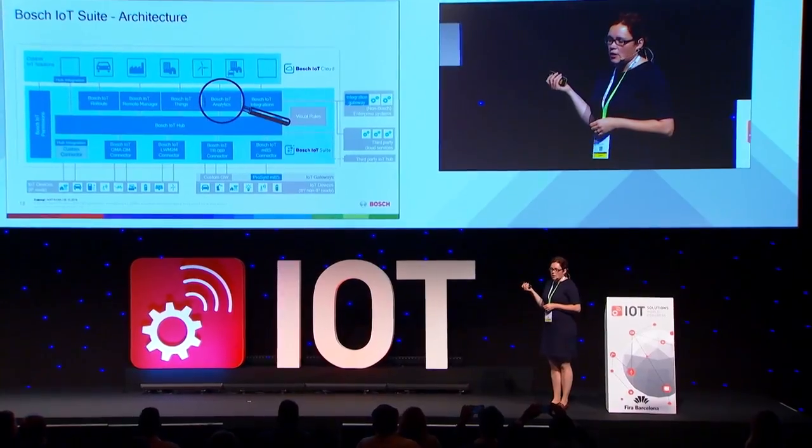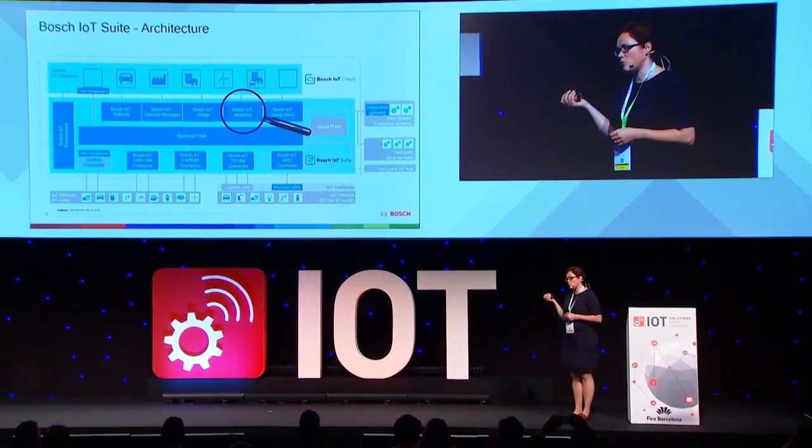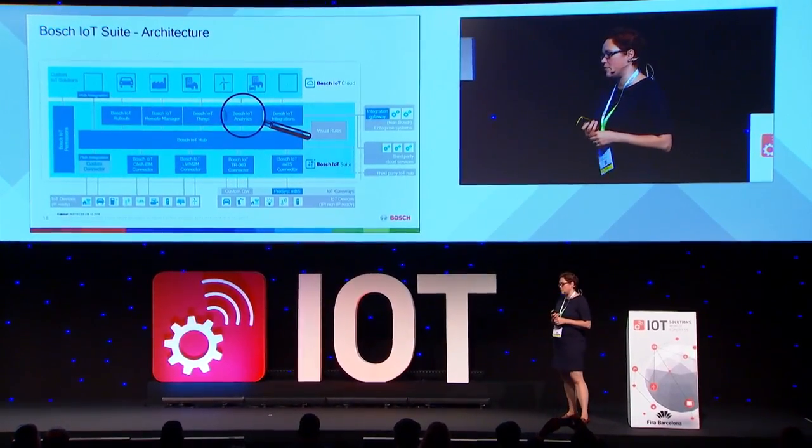So, how is this embedded? This is the overall architecture of the Bosch IoT Suite, and this also depicts some of the pieces of the Bosch IoT cloud. The service that I've just shown you is a part of this Bosch IoT Analytics service family. This is a family of services covering the patterns that I showed you at the beginning of my presentation.